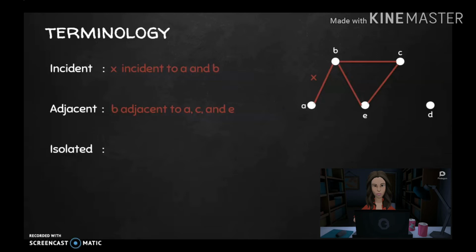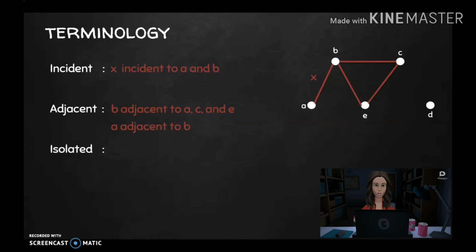So here we have an edge connecting B to C, an edge connecting B to E, and an edge connecting B to A. So what about A? What is A adjacent to? A is adjacent only to B because it's only connected to B. It's not adjacent to E because there is no edge connecting A and E.